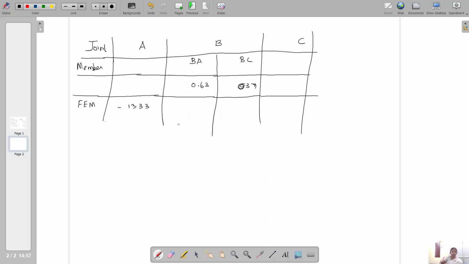You make the table clearly. From A to B it is minus 13.33, B to A it is plus 13.33, B to C is minus 36, C to B is plus 24. So these are the fixed moment values.